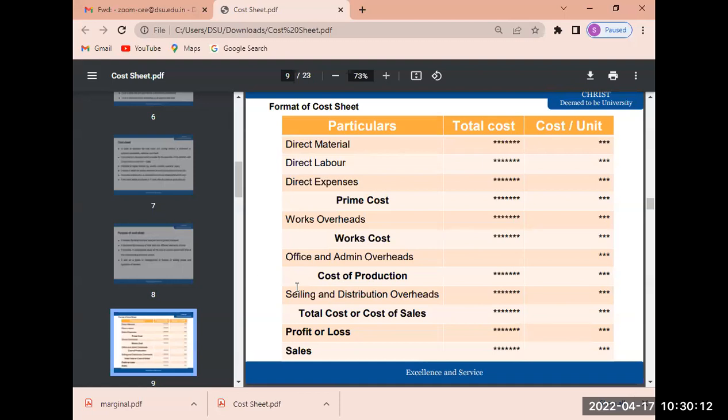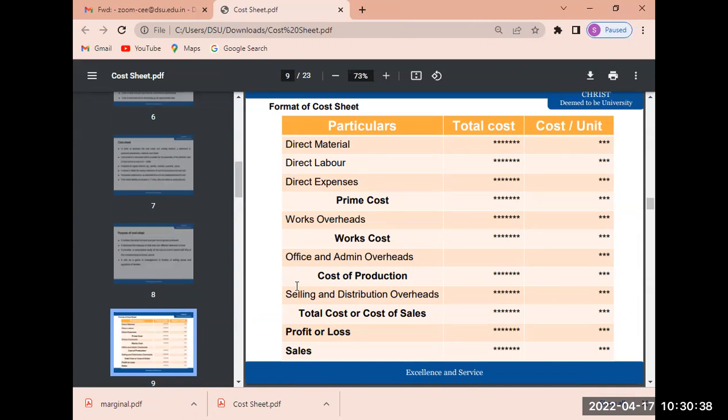Then that will give you the total amount of sales, which needs to be divided by the number of units you produced, 10,000. You will get the unit cost, the selling price per unit. So this is how we have to ascertain and estimate.